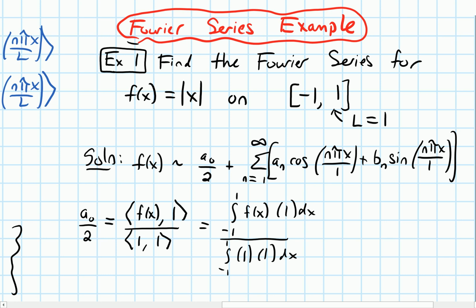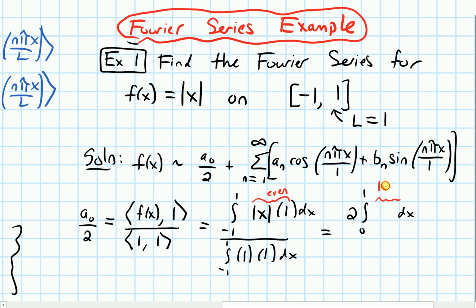All right, so f of x, our function, let's go ahead and actually write down what that is. F of x is the absolute value of x. Okay, so the absolute value of x times 1 is the absolute value of x, and that is an even function. So seeing that it's an even function, we can rewrite the numerator as 2 times the integral from 0 to 1. And what is the absolute value of x equal on this non-negative interval?